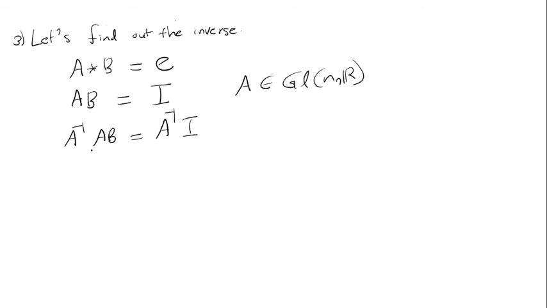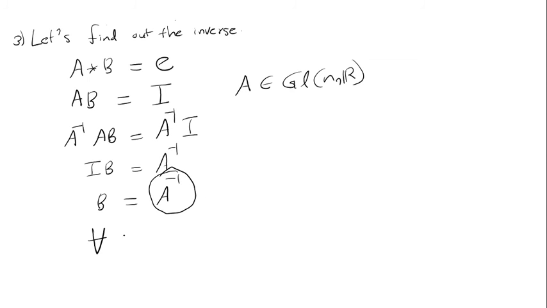So A inverse times A is equal to I, and I times B equals A inverse, so B is going to be equal to A inverse. So the inverse of this matrix is A inverse, and it is the inverse in this group.